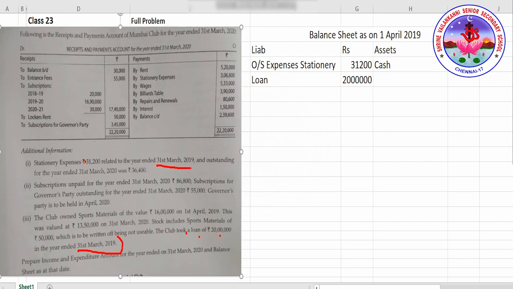That is for 2018-19, year ended 19. Subscription due is 20,000. Then sports material on 1st April 2019 is 16 lakhs.